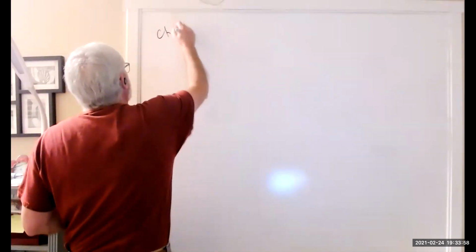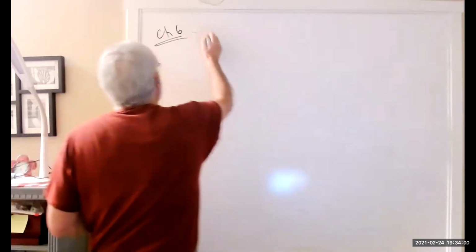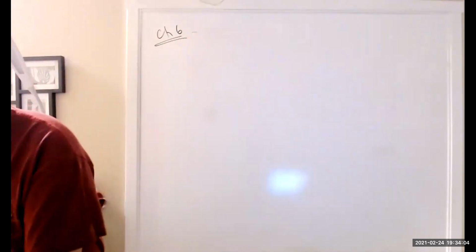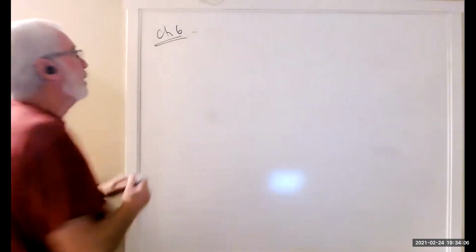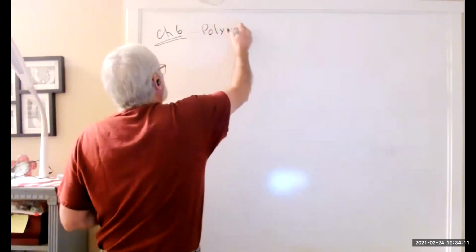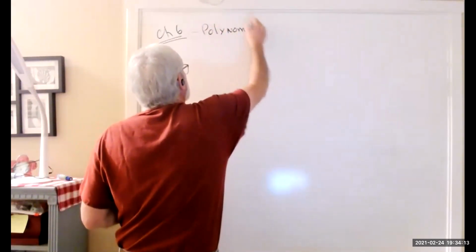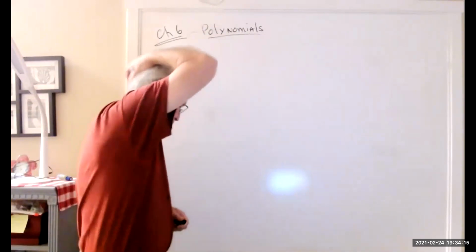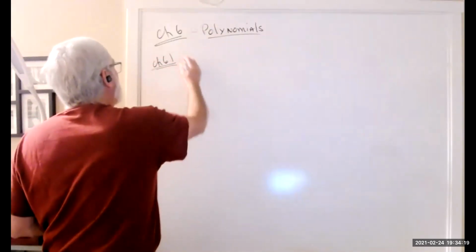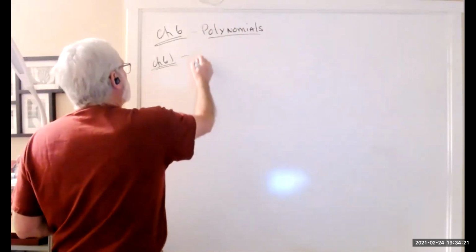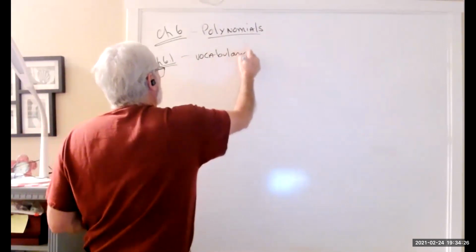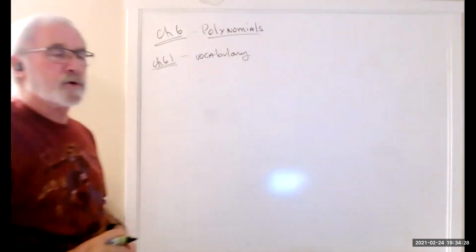So now we're going to start chapter 6. Chapter 6 is all about, well, polynomials. In chapter 6.1, there's a whole bunch of vocabulary that I'm not going to go over right now.